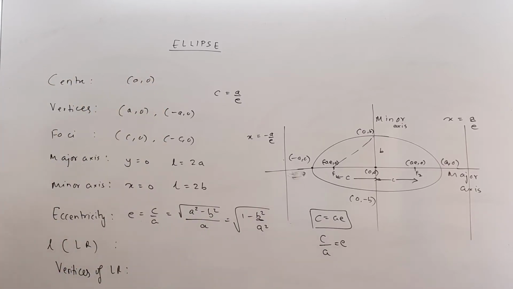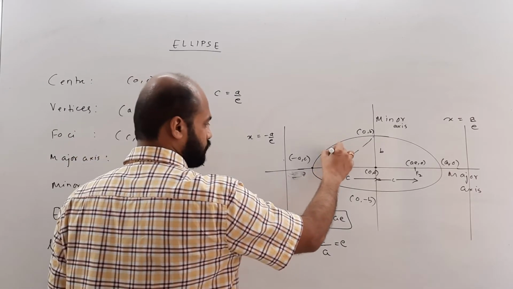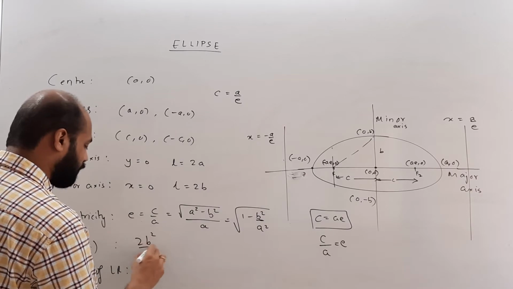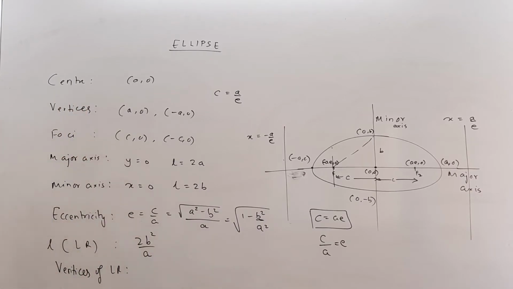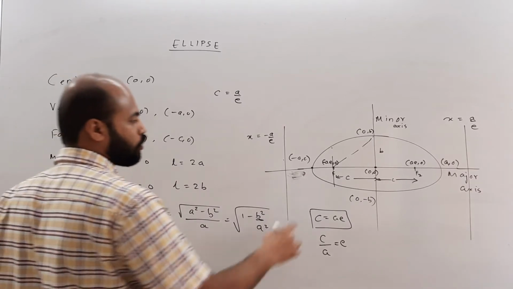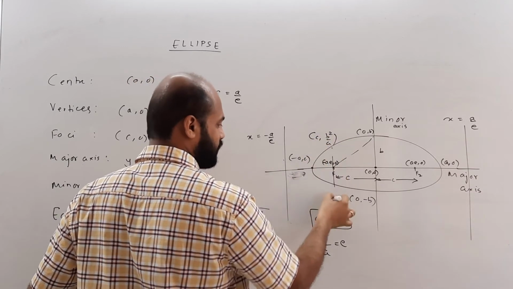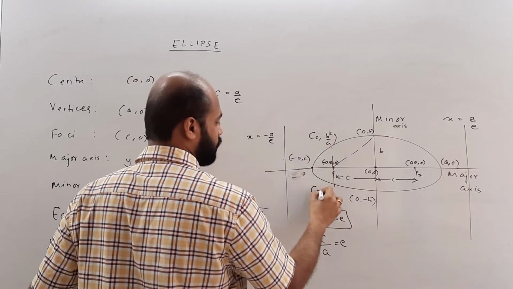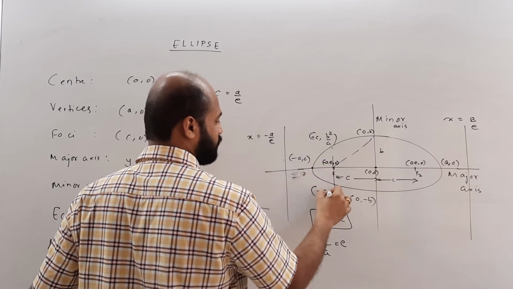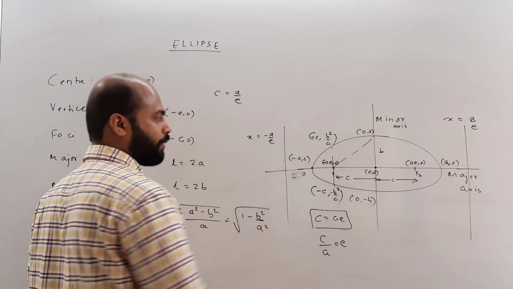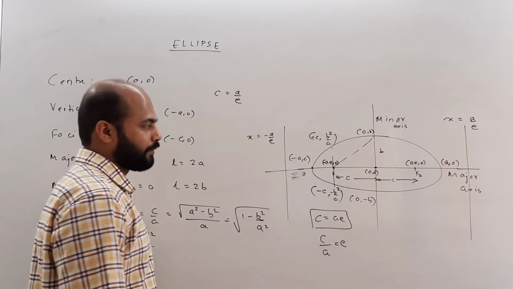Length of the latus rectum over here is going to be 2 times b square by a, and the ends of the latus rectum are going to be (c, b square by a) and (minus c, minus b square by a). So the overall length is 2b square by a.